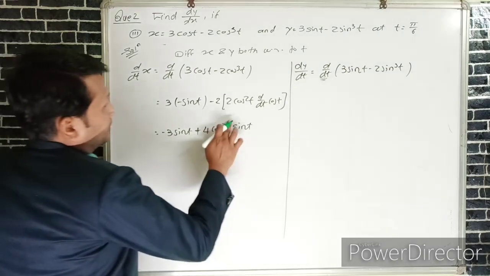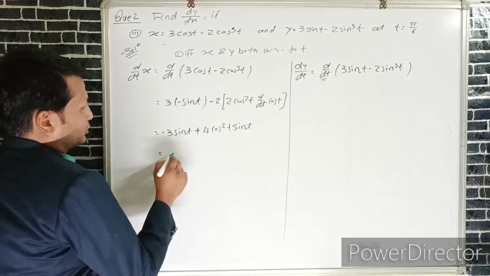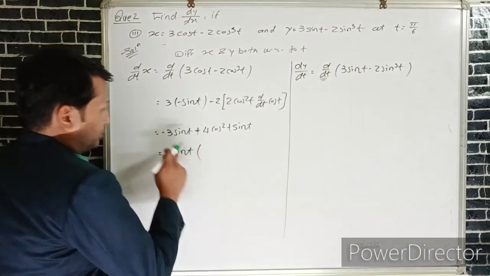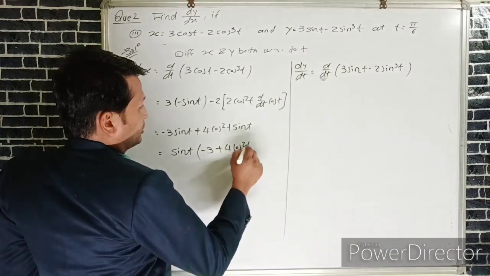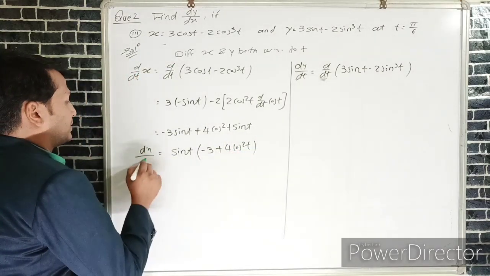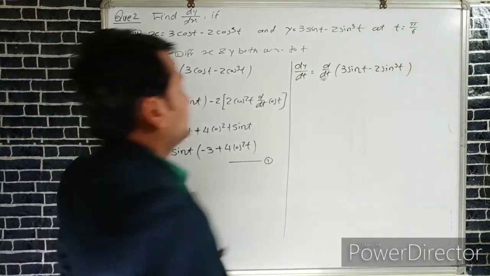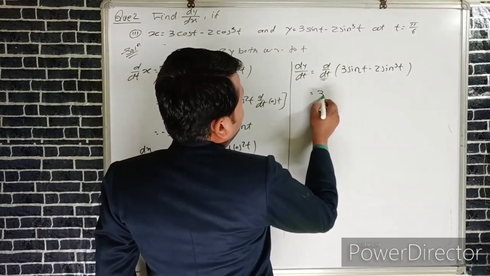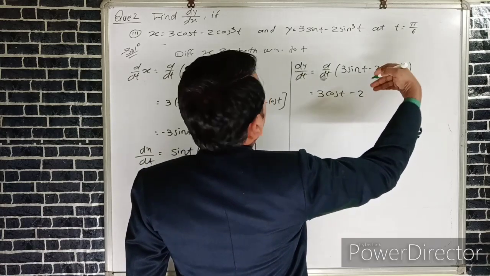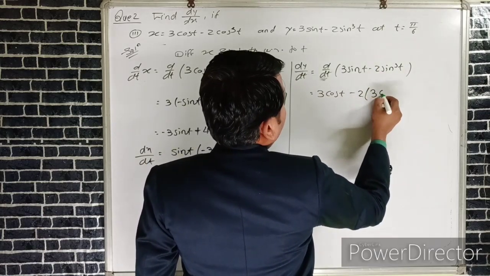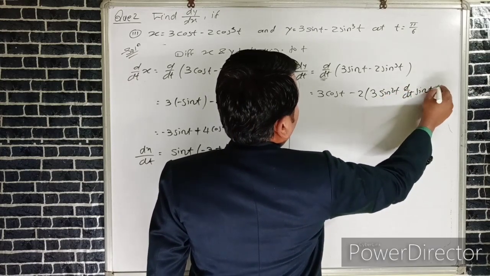Hence, if we take sin t common in both, we can write sin t into minus 3 plus 6 cos square t, which is a value of dx by dt. After that, if we take dy by dt, we can write a derivative of 3 sin t, 3 is constant, derivative of sin t is cos t, minus 2 into derivative of sin cube t is 3 sin square t and we take again the derivative of sin t.